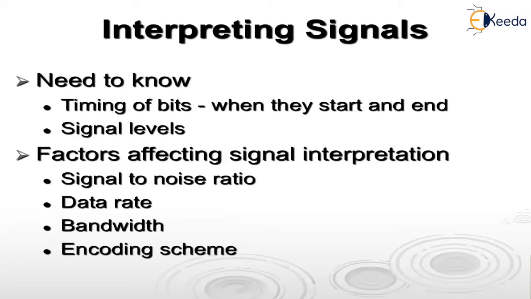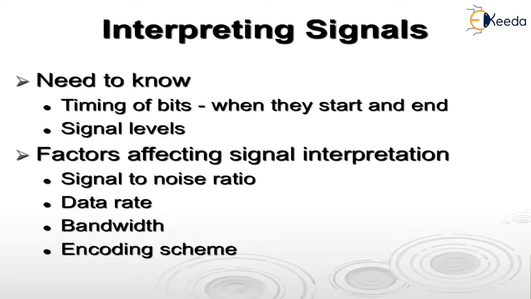Then interpretation of signals. The tasks involved in the interpretation of the signals at the receiver can be summarized as follows. First, the receiver must know the timing of each bit, that is, at what instant the bit starts or begins and at what instant the bit ends.